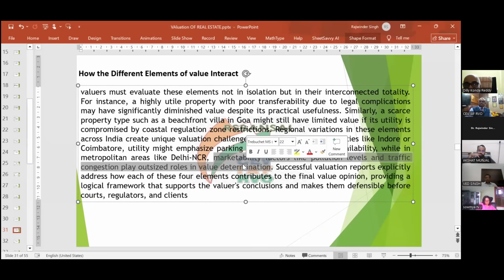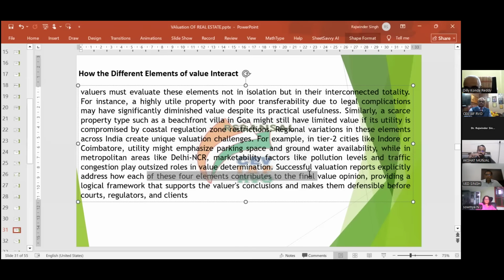So you have to consider these elements in interconnected totality, not in isolation. So successful valuation reports explicitly address how these four elements contribute to the final value opinion, providing a logical framework that supports value conclusions and makes them defensible for courts, regulators, and planners.